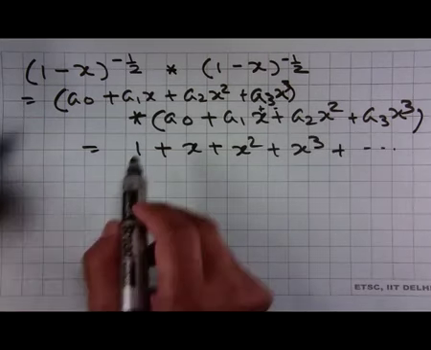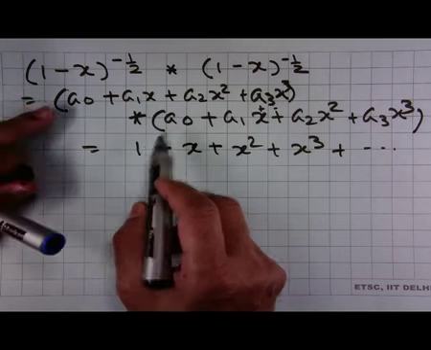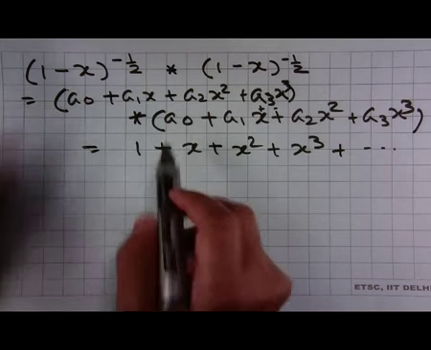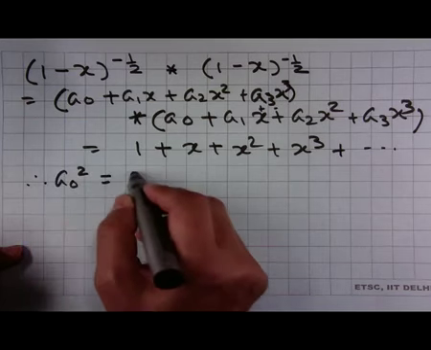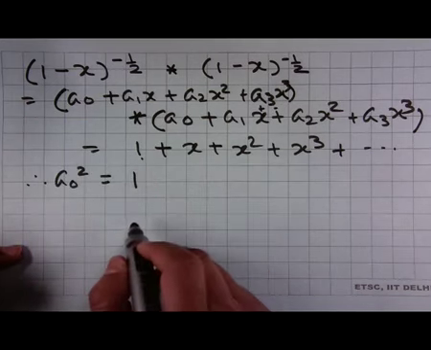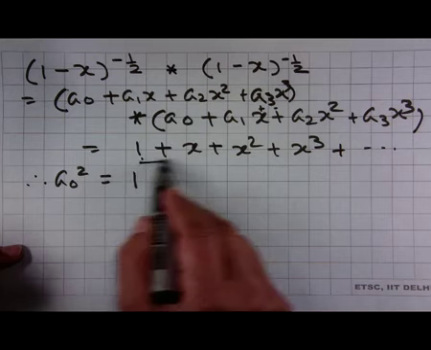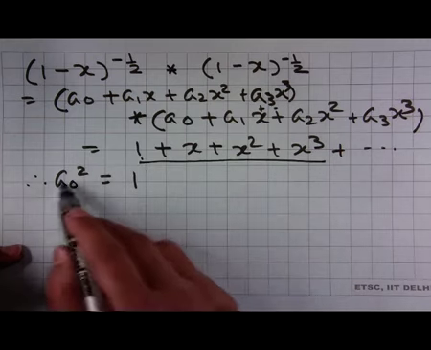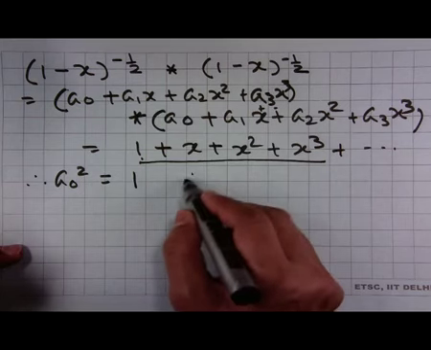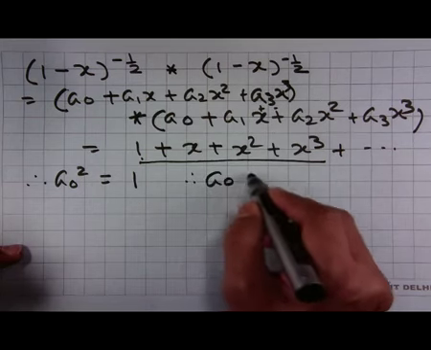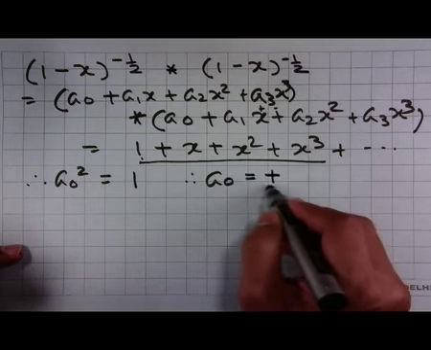Therefore, what we get? The constant is a0 square, and that we can equate with the constant of this series, which is 1. Therefore, a0 square is equal to 1. Therefore, a0 is equal to plus minus 1.